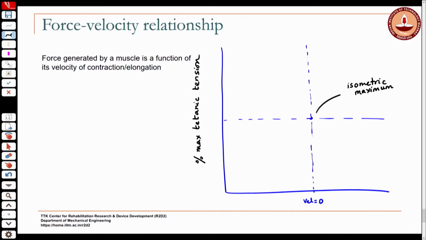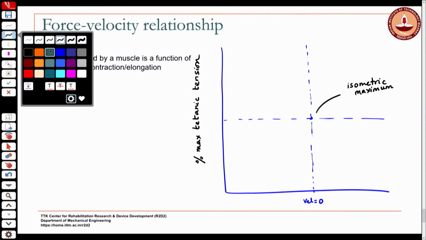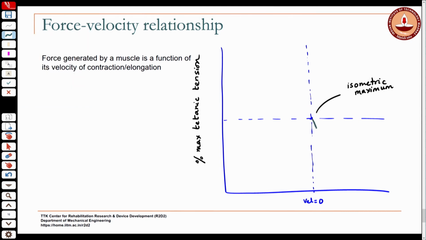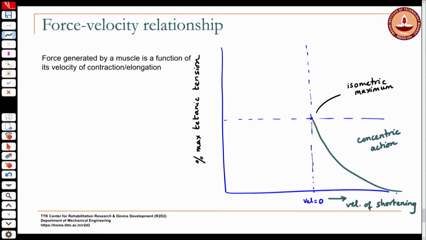You will see that the relationship between the velocity of contraction and the force that it can support is inversely proportional. So if I contract faster, I can only exert a smaller tension.